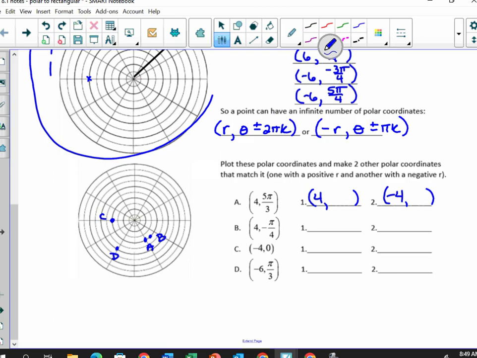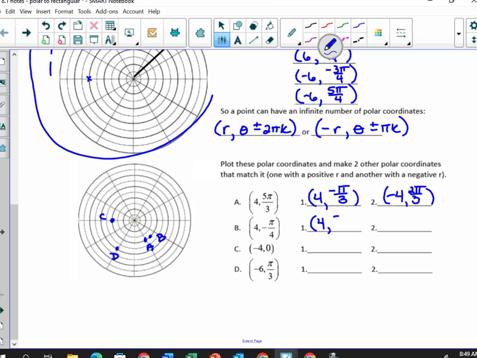Okay, perfect. All right, guys, let's go through these. For A, I would do 4, maybe negative pi over 3. And then negative 4, I would think 2 pi over 3. You could also do negative 4 pi over 3 if you like negatives a lot. All right, 4 negative pi over 4.